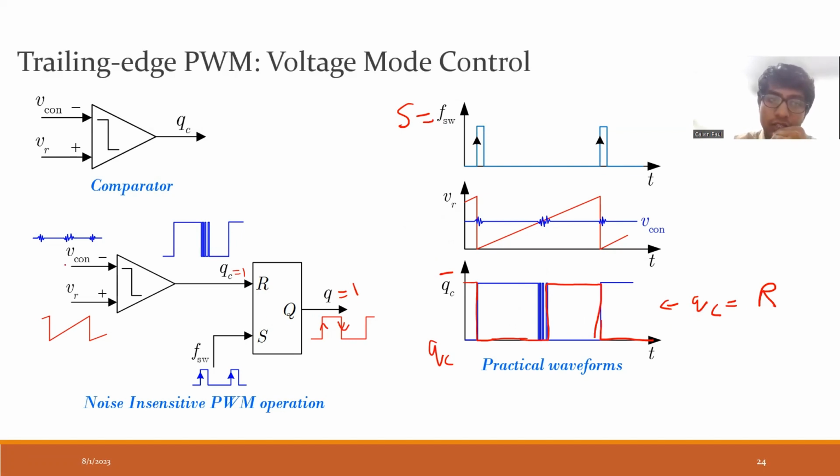Now, in a practical circuit, there can be certain noise, and we want it to not affect our implementation. So we use this SR latch. Anytime there are jitter, noisy transitions, this is undesirable. The very first time R becomes 1, Q will drop to 0.